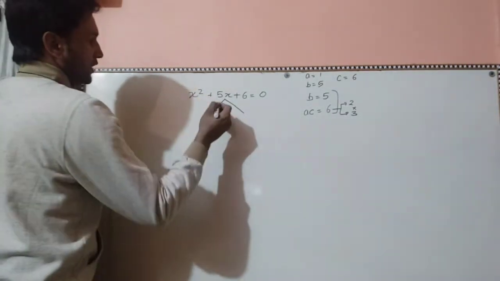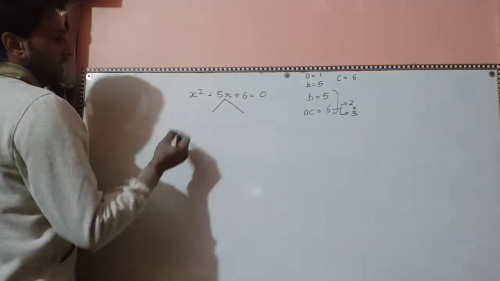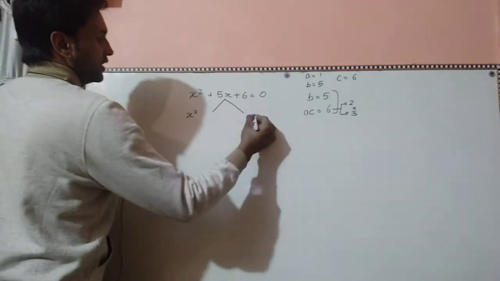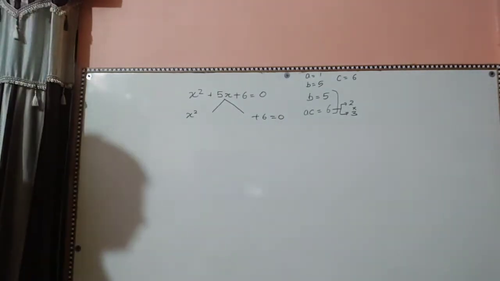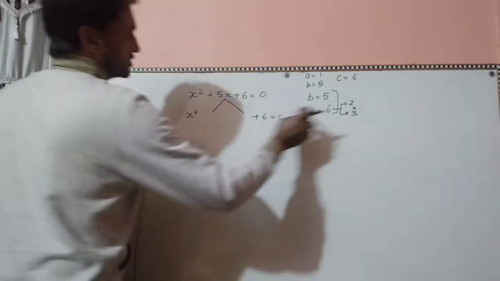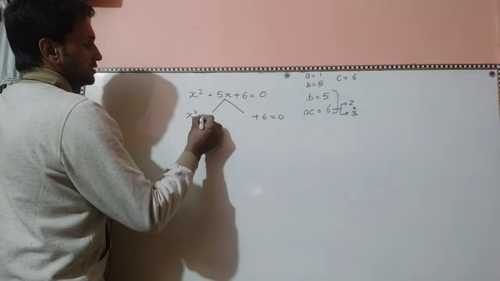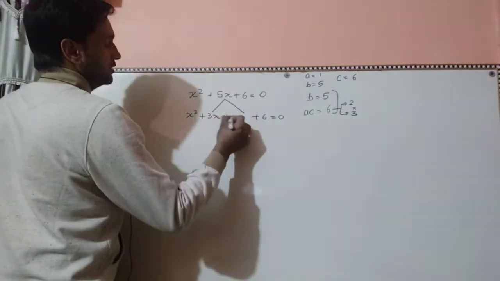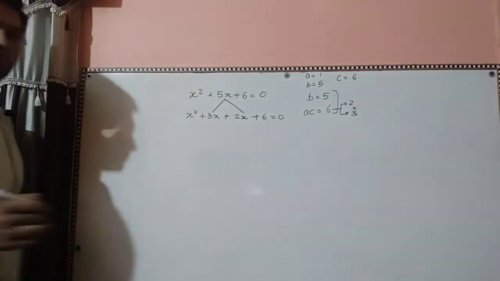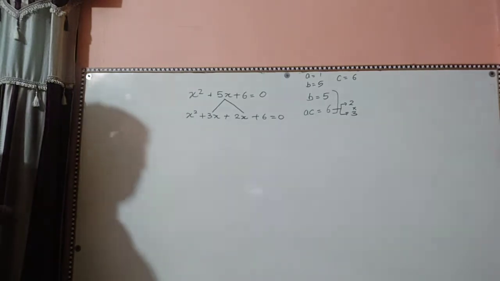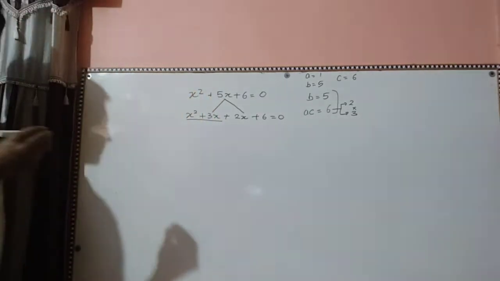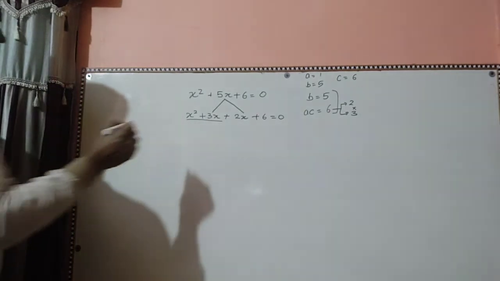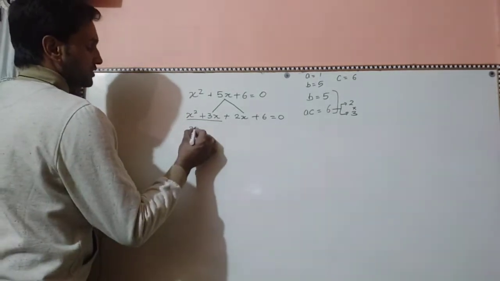Now we will split the middle term. The first term will be written as it is, that is x square, and the last term, that is 6, will be written as it is. Now we will split the middle term, that is 5x, in the form of 3x plus 2x. Now we have to observe the first two terms. Clearly we can see that x is common in both of these.